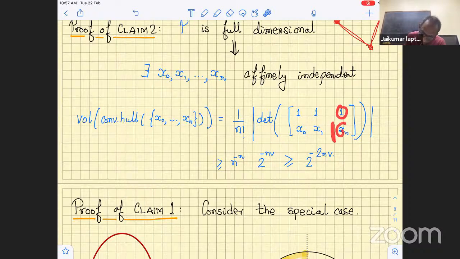Stick a 1 in the first row. Now this becomes an n+1 cross n+1 square matrix. Take its determinant, take the absolute value and divide by n factorial. This volume is an equality, so one should be able to just see why it is.